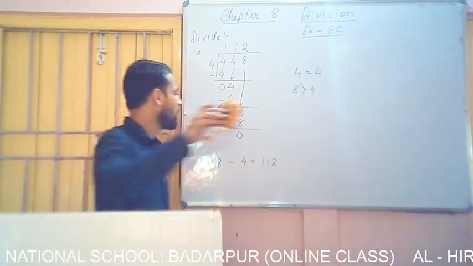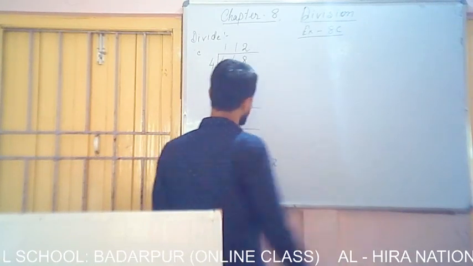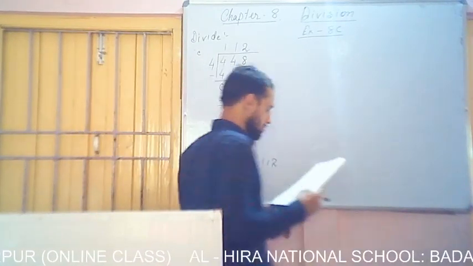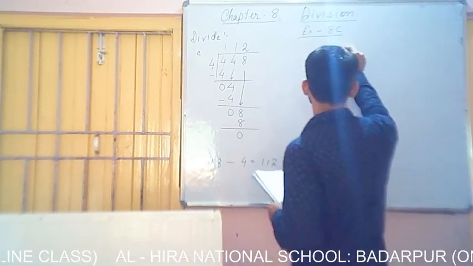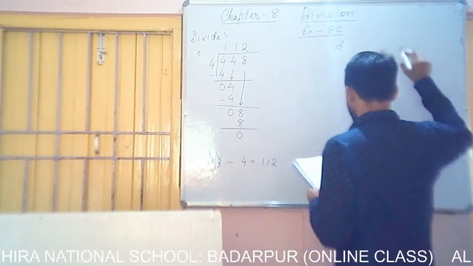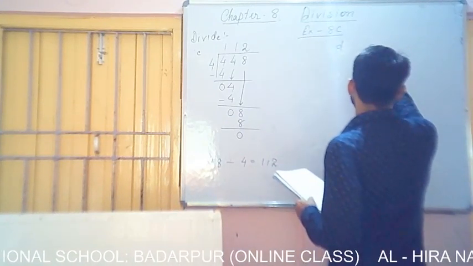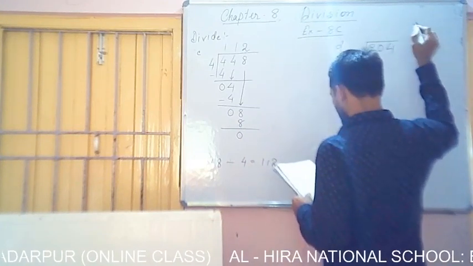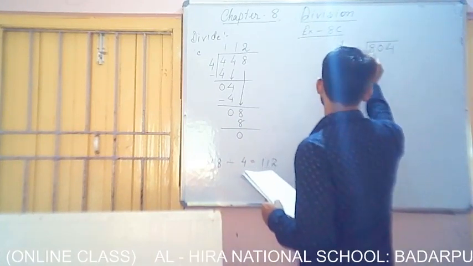Okay. Now question number 1d. So what is question number 1d? That is 804 divided by 2.